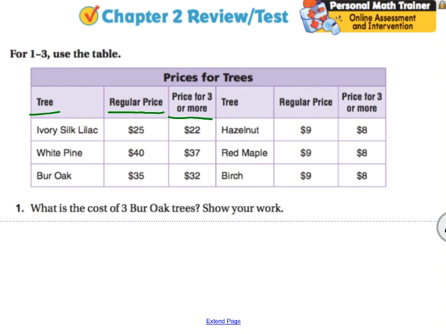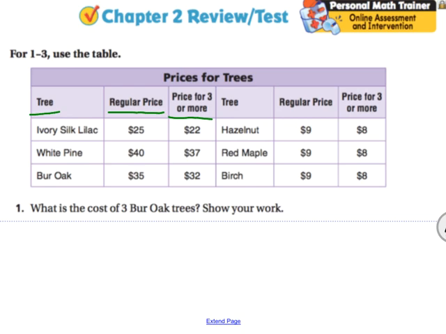So let's look at the ivory silk lilac. The regular price is $25. So if you buy 1 ivory silk lilac, you have to pay $25 each. If you buy 2 ivory silk lilacs, you still have to pay $25 each.